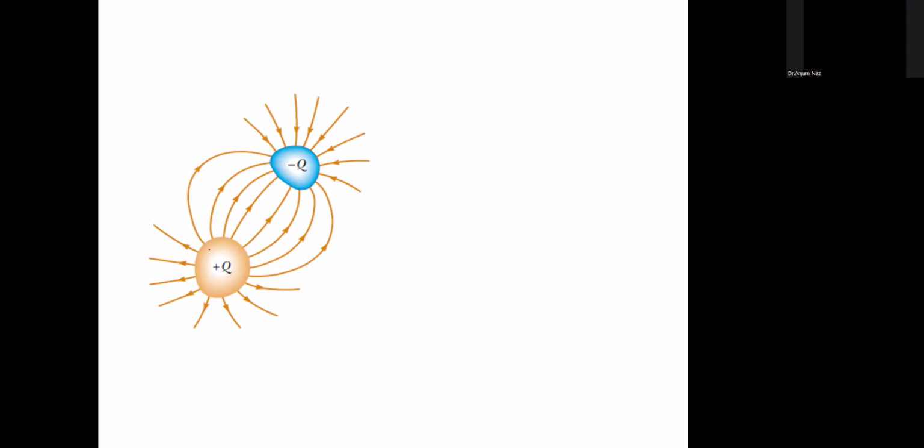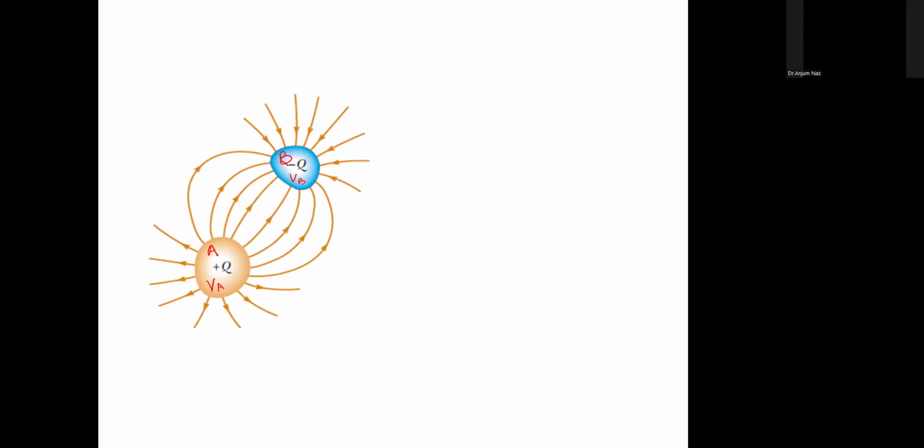Let us see two conductors A and B having charges plus Q and minus Q. The plus Q charge on conductor A distributes itself in a way that the surface of the conductor becomes equipotential, that is, the potential at every point on its surface is constant. Let it be VA, and on this plate it is VB.